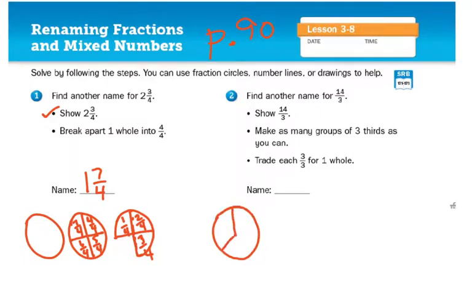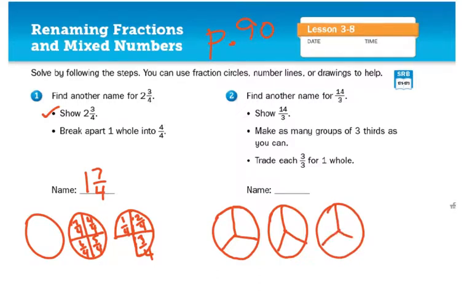So if we draw kind of like that, this would be 1, 2, 3, 6, 7, 8, 9, 10, 11, 12, 13, 14. So here's 1/3.